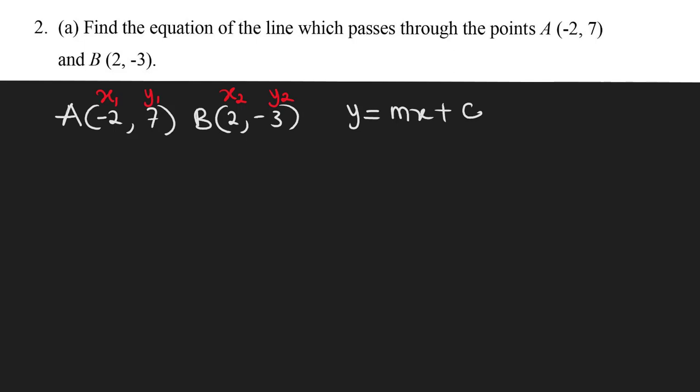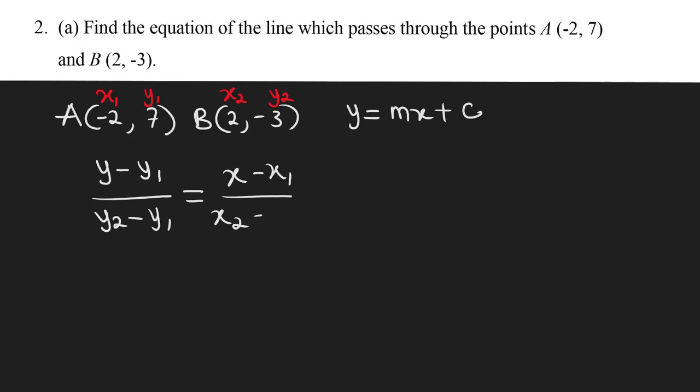So we have a formula that we usually use in substituting, and the formula is: y minus y1 over y2 minus y1 is equal to x minus x1 over x2 minus x1.